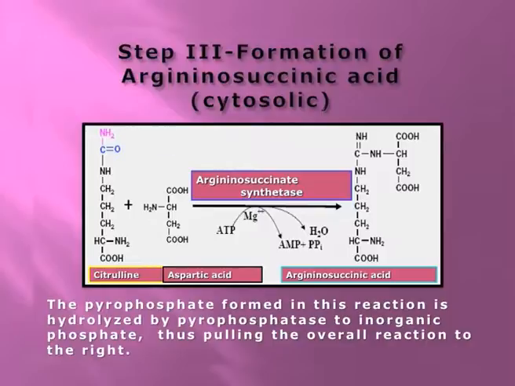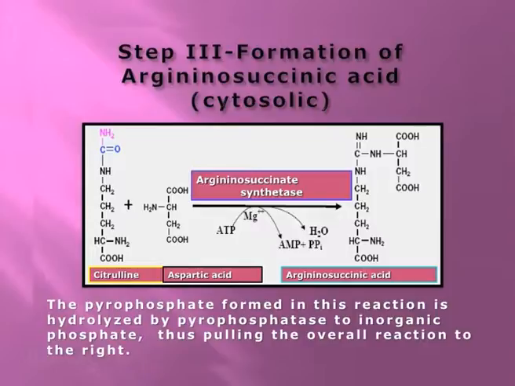The ureido group of citrulline reacts with the amino group of aspartate to produce argininosuccinic acid. The enzyme catalyzing this reaction is argininosuccinate synthetase.